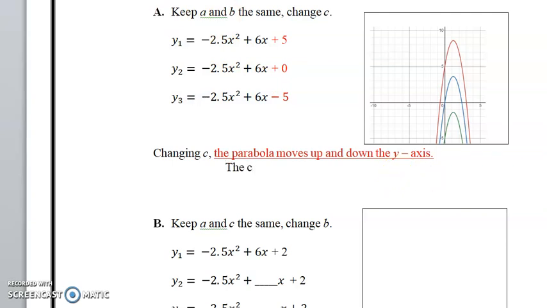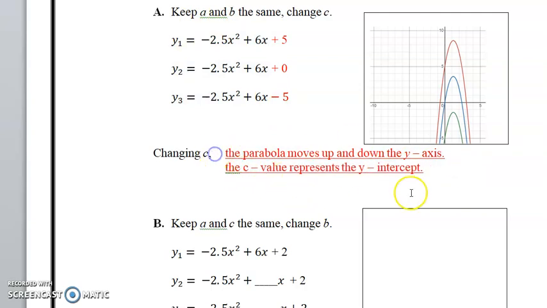The C value, the coefficient there, the constant it's called, the C value represents the y-intercept. So it's really important that we see that.